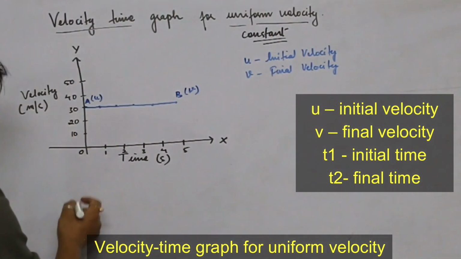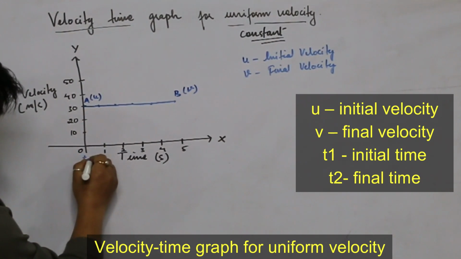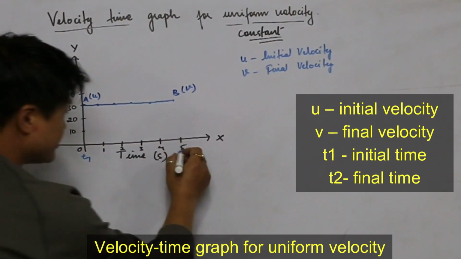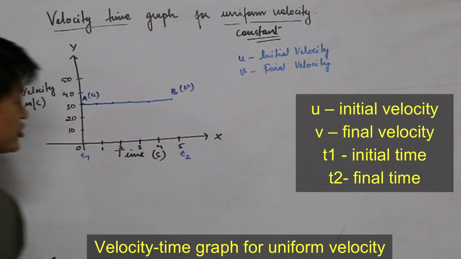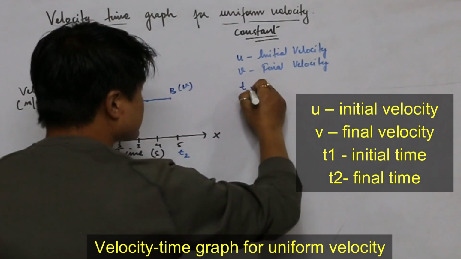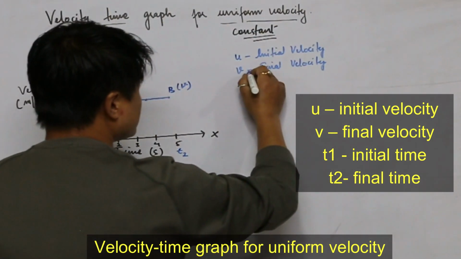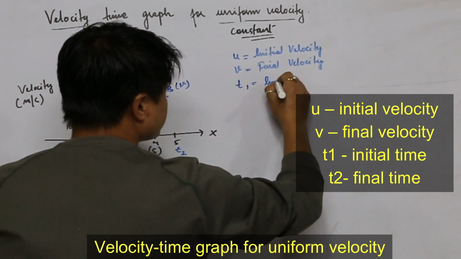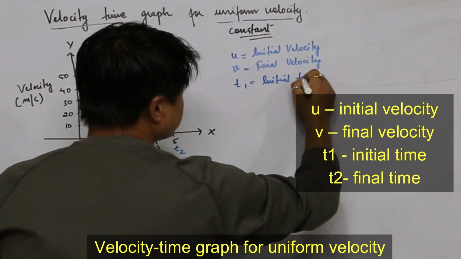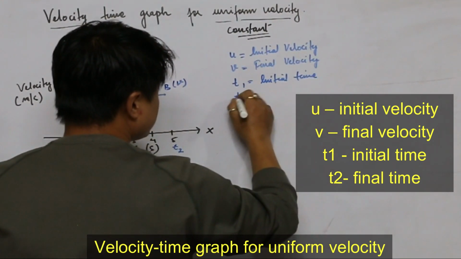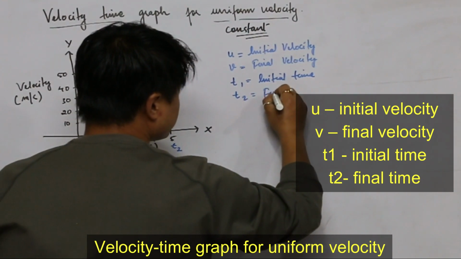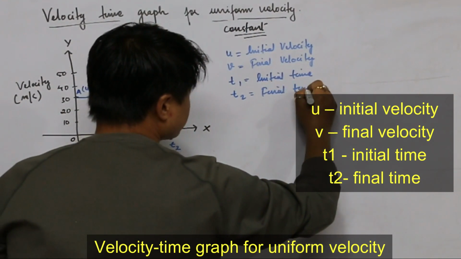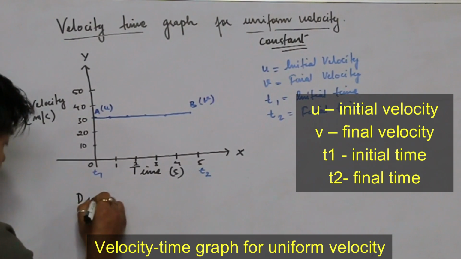Let's consider that initially the time was t1 and finally the time is t2. So t1 is considered as the initial time and t2 as the final time.